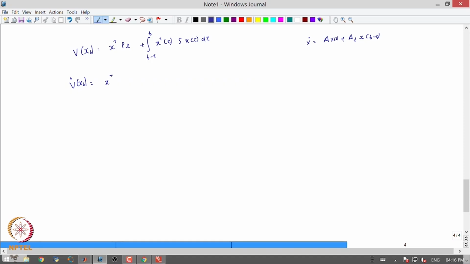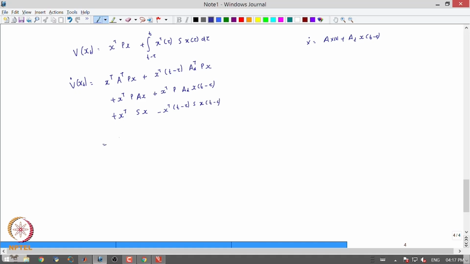I get x transpose A transpose P x plus x transpose(t minus tau) A_d transpose P x plus x transpose P A x plus x transpose P A_d x(t minus tau) plus x transpose S x minus x transpose(t minus tau) S x(t minus tau).